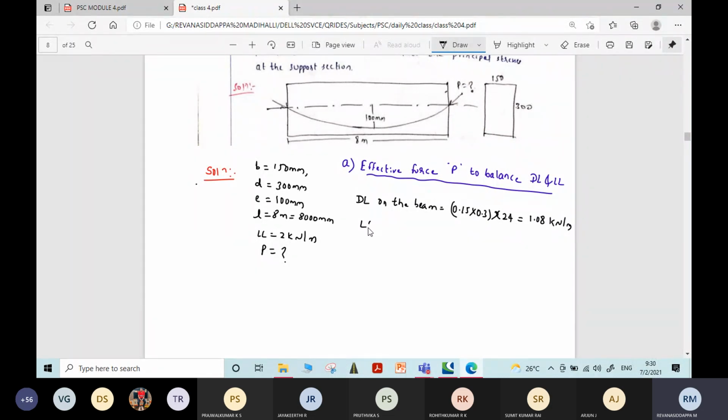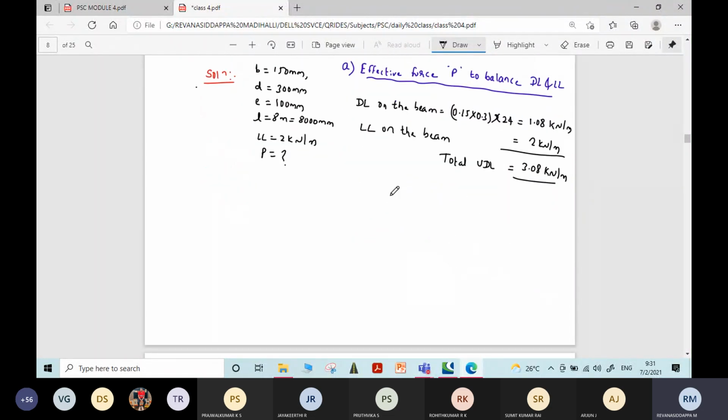Then the live load on the beam is given already, it is 2 kilonewton per meter. So the total UDL acting on the beam is 3.08 kilonewton per meter. Okay, this is the total UDL.